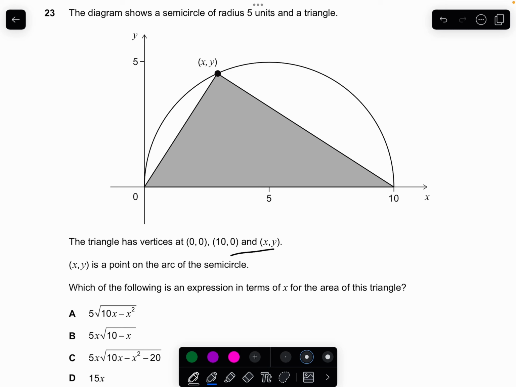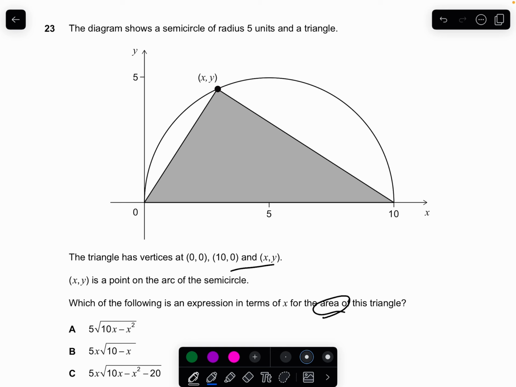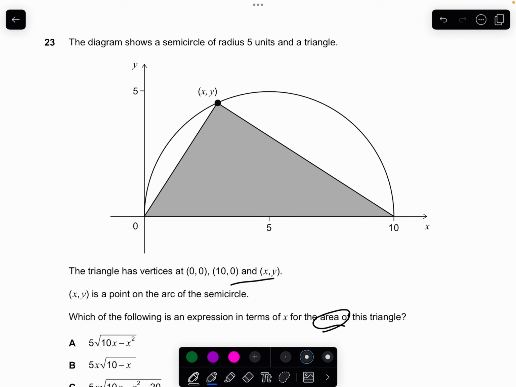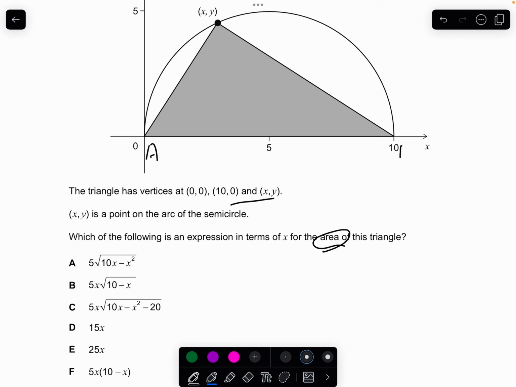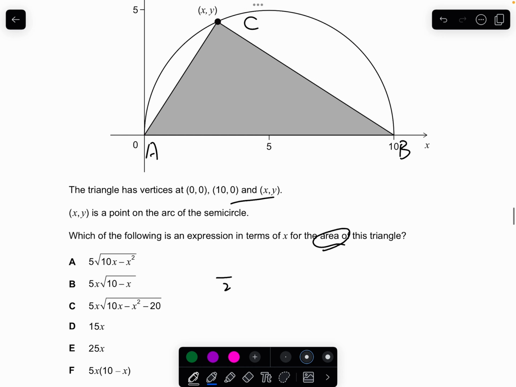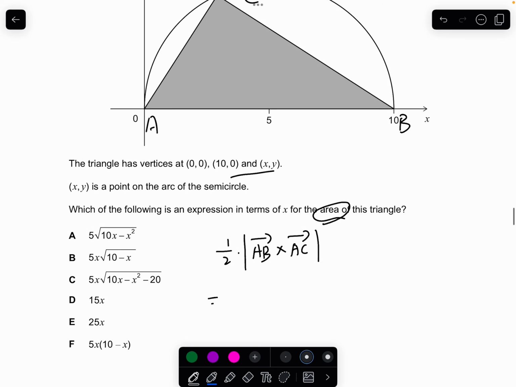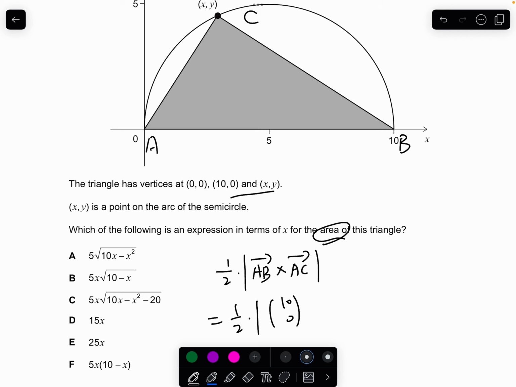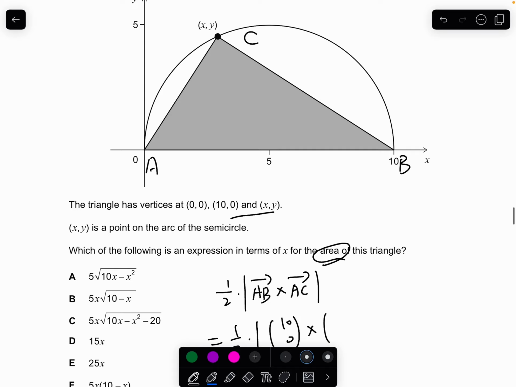There's a semicircle. It tells about the conditions, and so let's calculate the area. Well, okay, I'll use that this is A, B, and C, so it will be actually this, right? And this is 10, 0 times x, y.